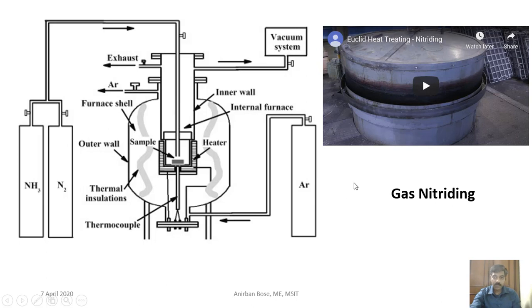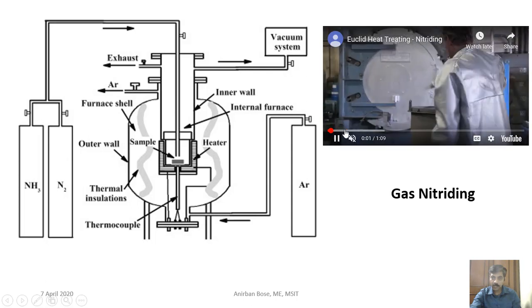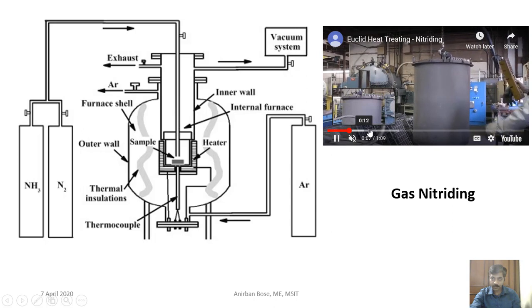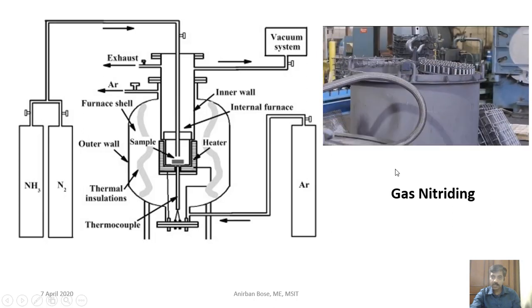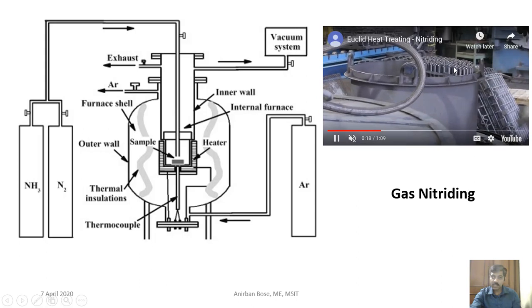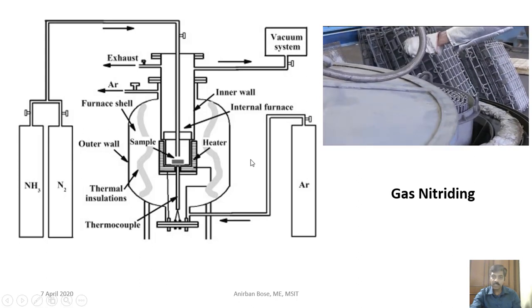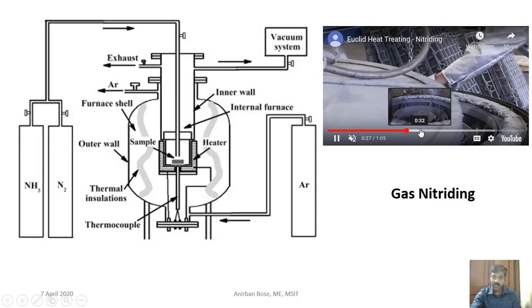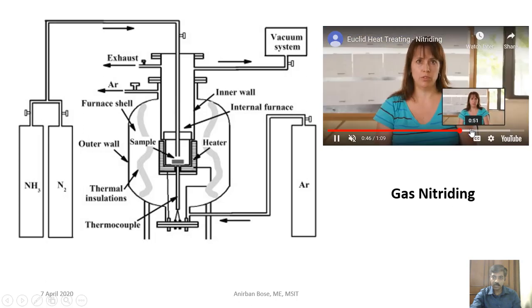If you want to see the process, you can see these are the samples which are kept within that environment. You can see this is basically the heater, liners are there, and it is kept for a very long time for completing the process.